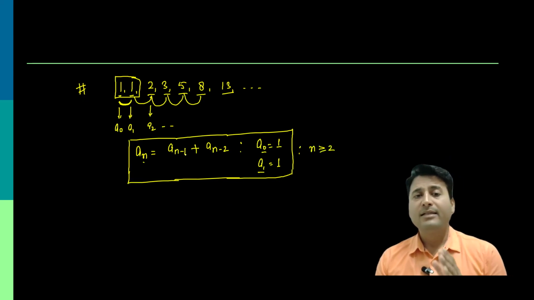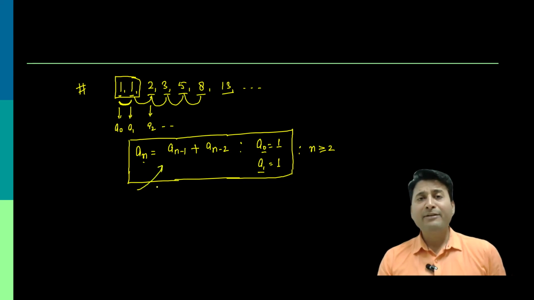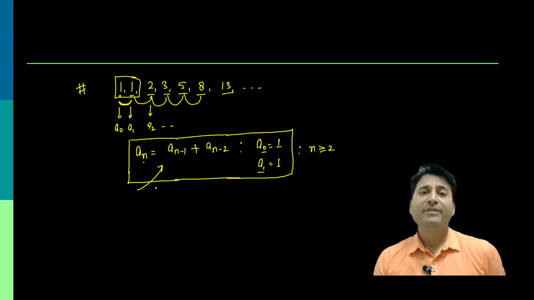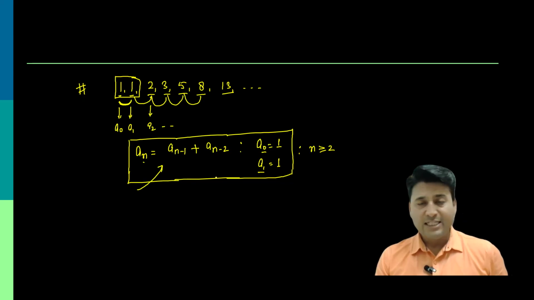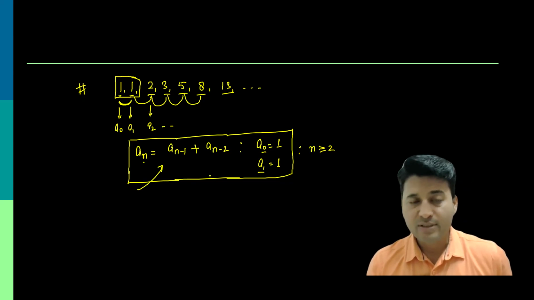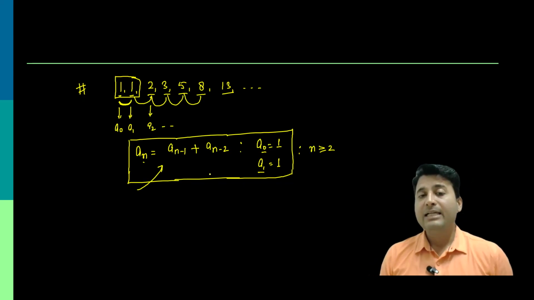So a2, a3, a4 can be obtained from here. This is a very famous sequence called the Fibonacci sequence, and this is the recurrence relation representing it. I hope you understand how we get a recurrence relation from any sequence and what exactly it means.